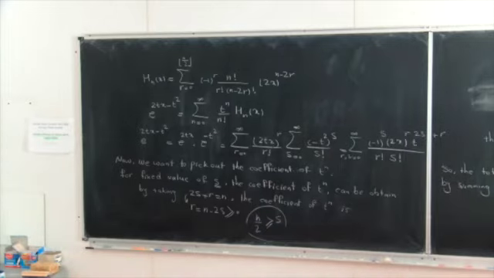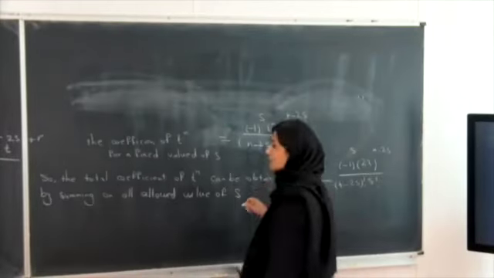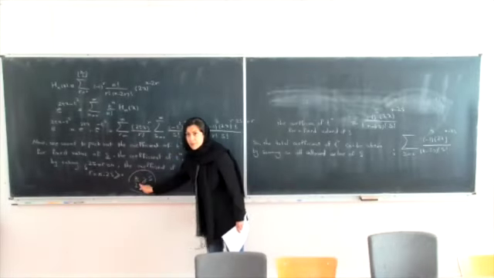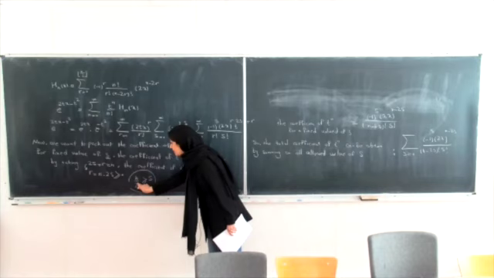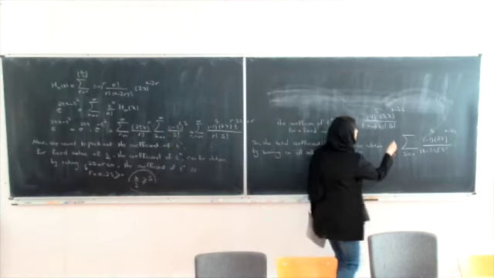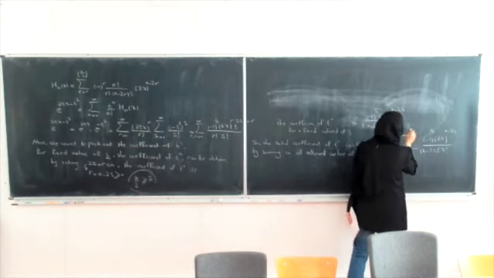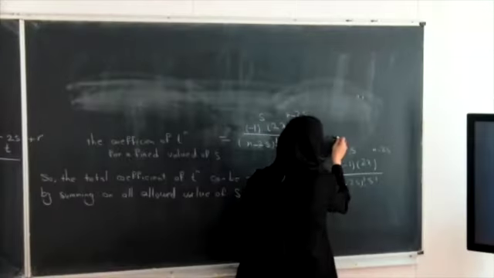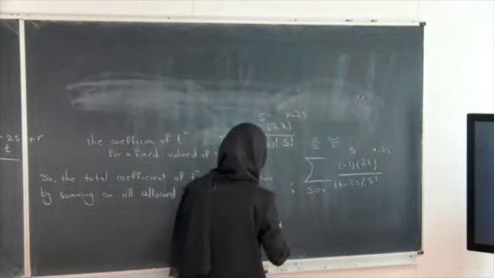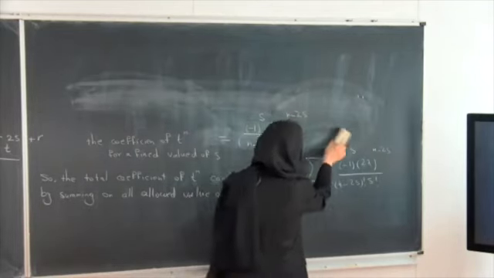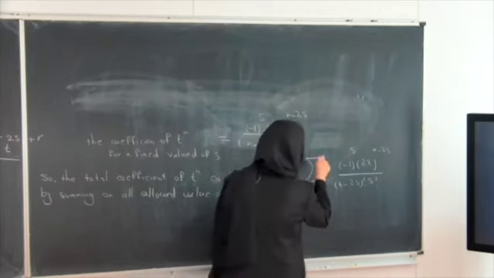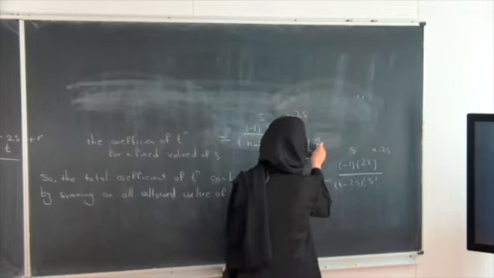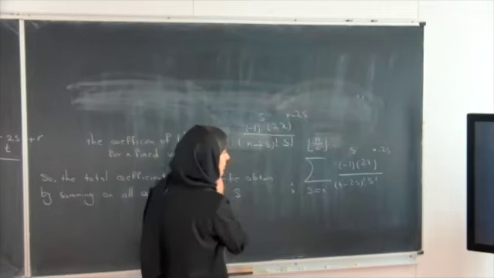So we know that s goes from 0, when n is even, the upper limit is n divided by 2, and when n is odd, it will be n minus 1 divided by 2. So we can write in general, s goes from 0 to the integer part of n half.